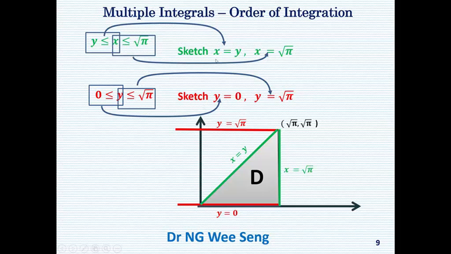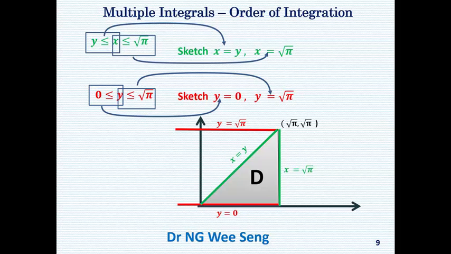So in total, there are 4 graphs to draw: x equals y, x equals square root of pi, and also y equals 0, and y equals square root of pi, as shown in the diagram. And once you're done, based on the inequalities, you can get the region of integration, which is the region D shown on this slide. So that's how we get the region of integration.